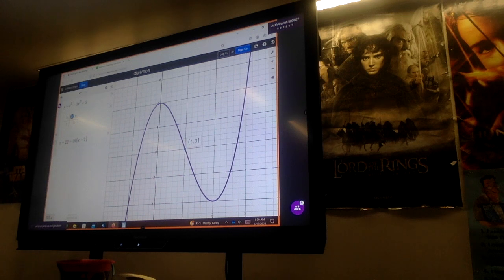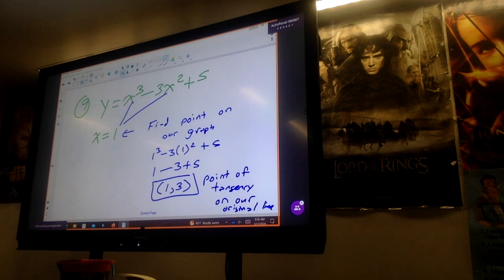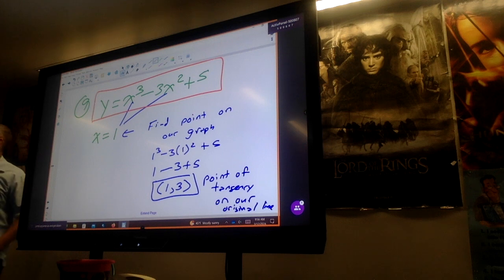And now I have to find the slope. So how do I find the slope with my equation here? What do I have to do to that equation to start getting a slope? Point slope, not yet. I have to find the derivative.